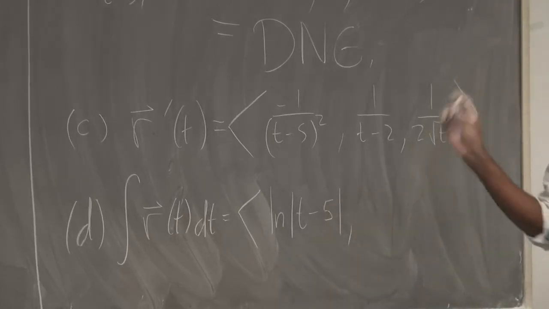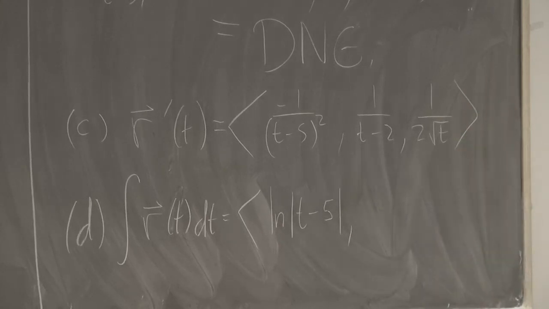You're like, oh, he's going to hit me if I say ln. What's the integral of the middle one? Bare your soul. Fine. That's so long. Just say, you're right, t minus 2 ln.